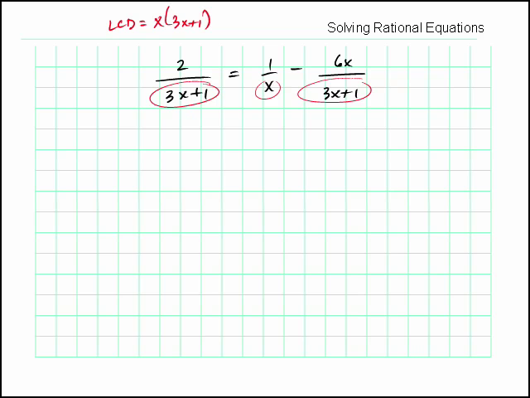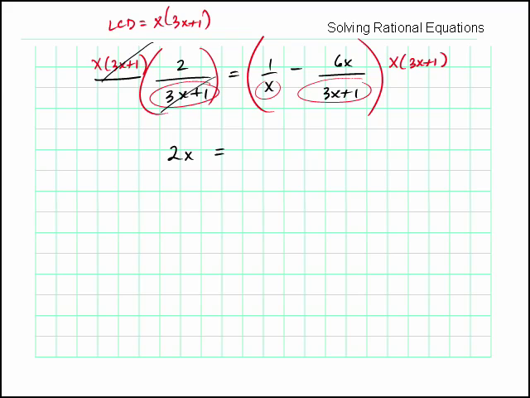So my LCD is x times 3x plus 1. That's what I'm going to multiply both sides of the equation by. This side times x, 3x plus 1, and this side times x, 3x plus 1. Now, on the left side, 3x plus 1s are gone, and I'm left with 2x.